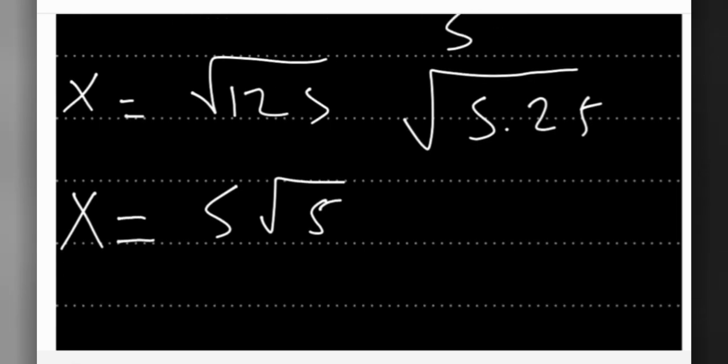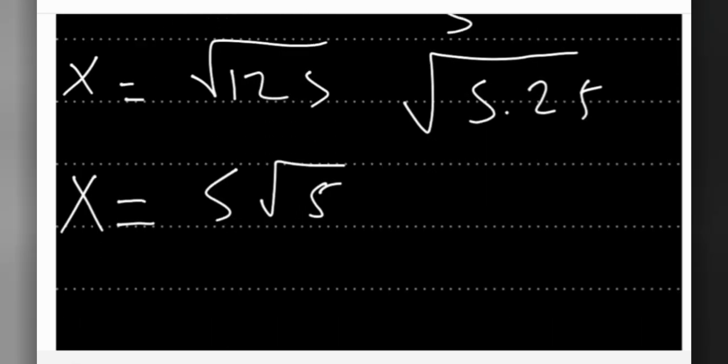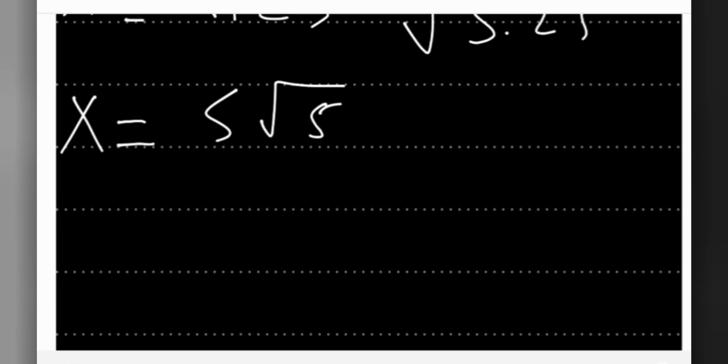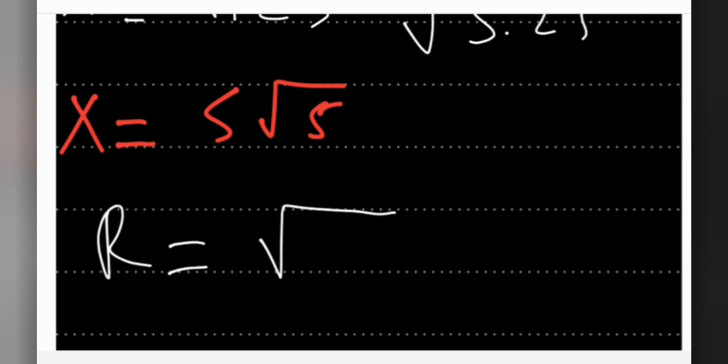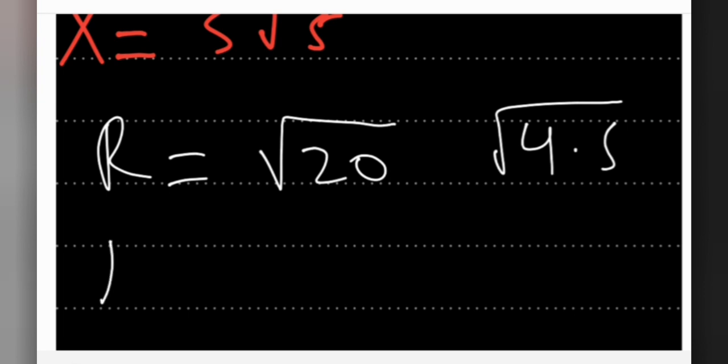And now what was the value of the radius? The value of our radius was the square root of 20, right? But 20 is 4 multiplied by 5. So our radius is 2 square root of 5.